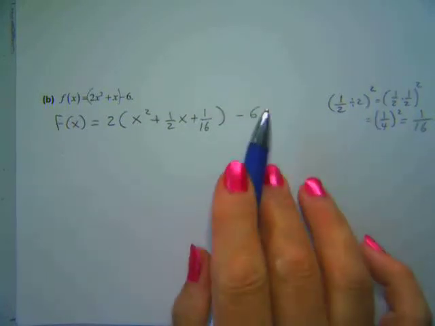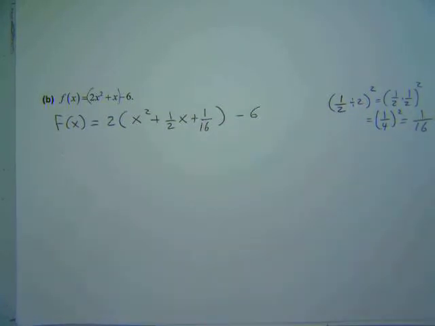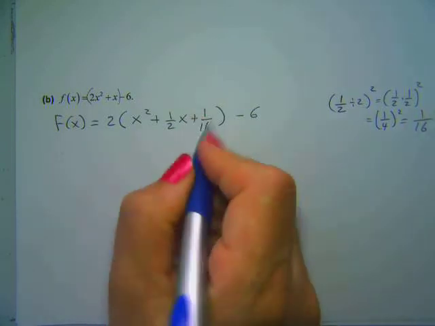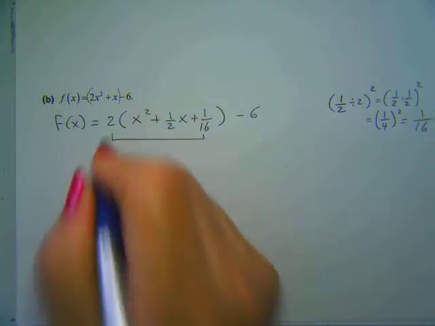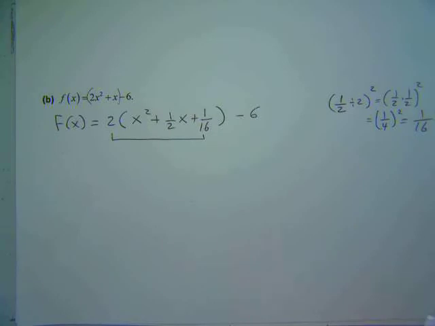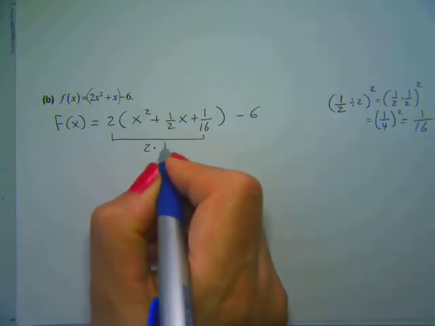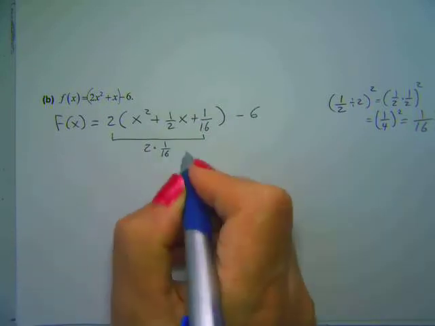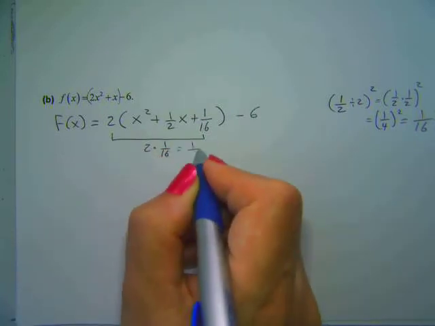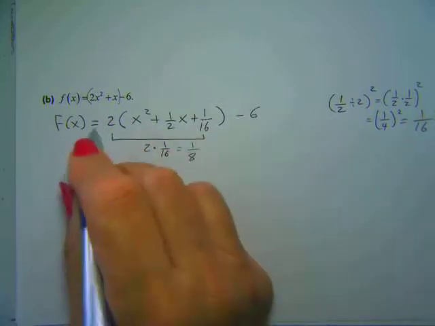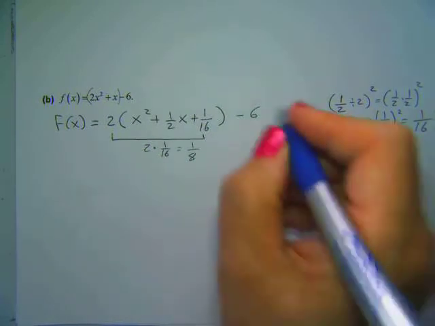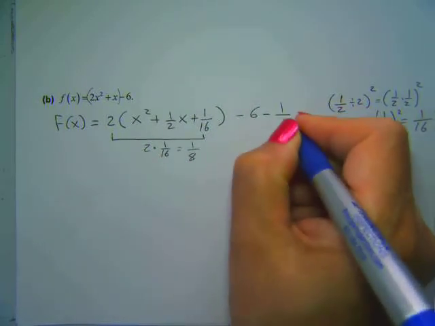But we're not going to subtract 1/16. And how come? Let's look at what it is that we actually added. We have outside a 2. So what we added is a 2 times 1/16, which is 1/8. So what we actually added is a positive 1/8. So we have to subtract 1/8.